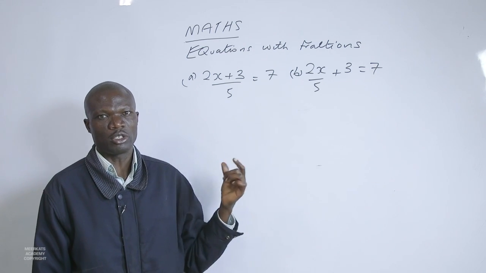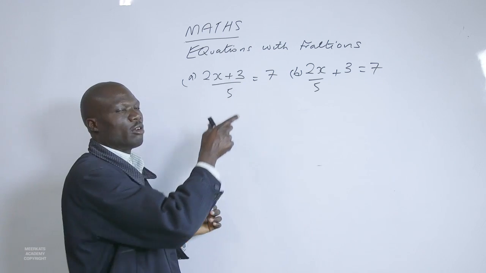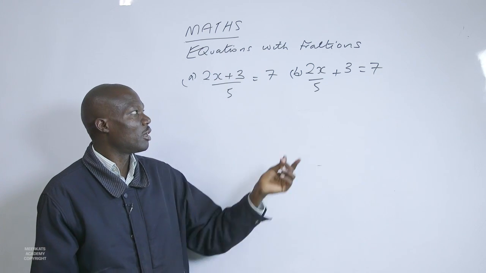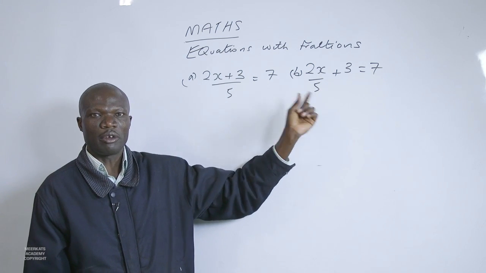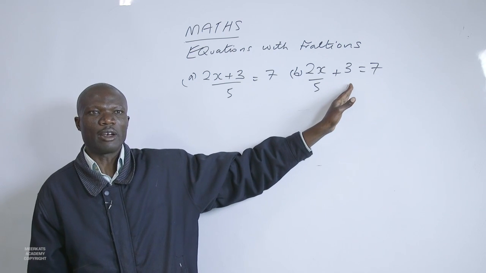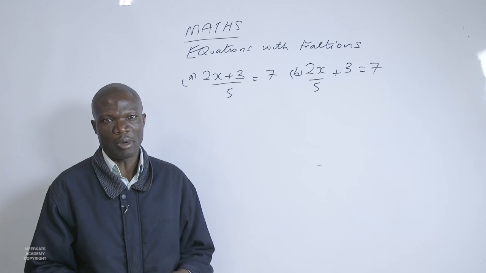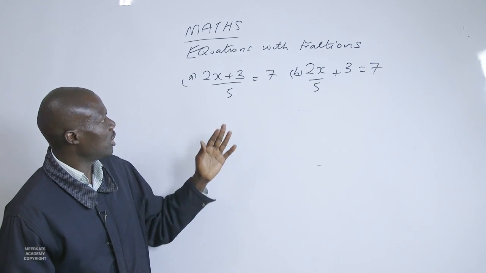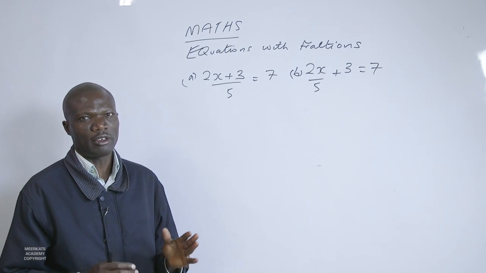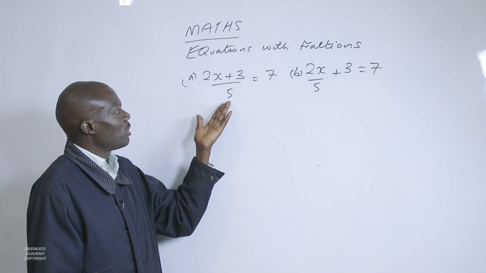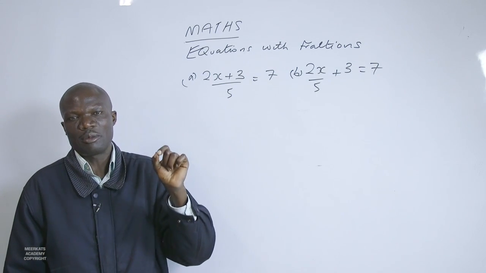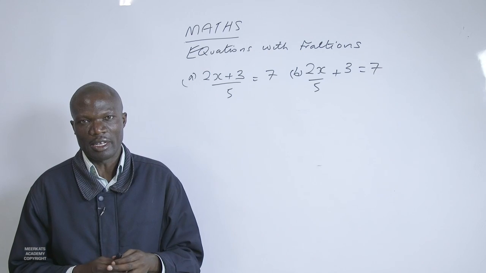Both involve fractions. However, the whole of the first one forms one fraction. In the second, only 2x over 5 forms a fraction, while the remaining 3 and 7 form the whole number part. So for us to solve them, the way you solve the first one is not the same way you solve the second one.